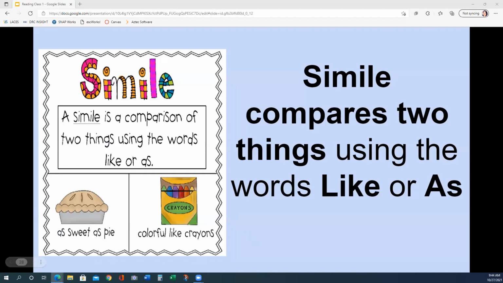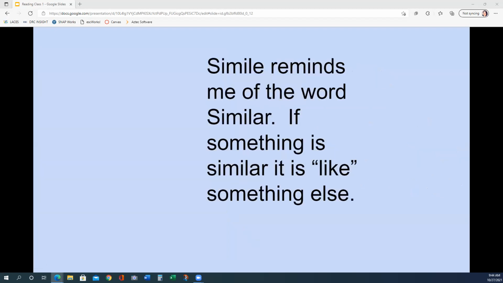Okay. One way that I remember what a simile is, is that it reminds me of the word similar, which means it is like something else. Okay, so using that word like is often an indicator of a simile.